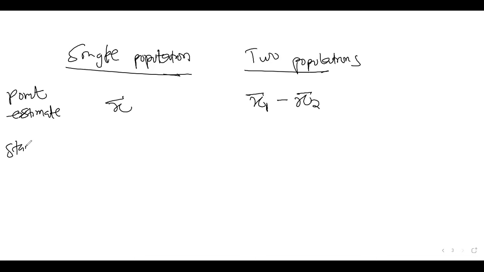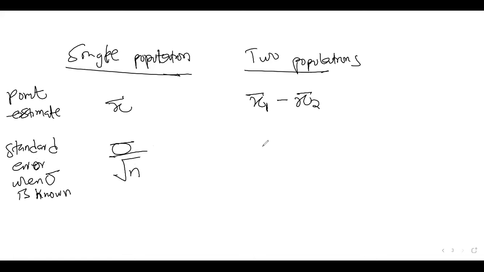When it comes to the standard error when the population standard deviation is known, for a single population, the standard error will be the population standard deviation over the square root of n.